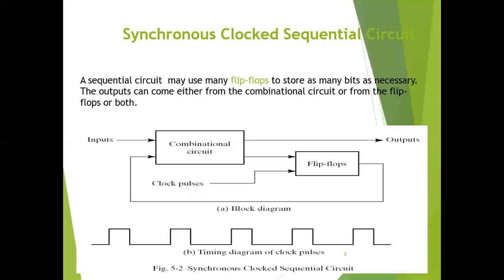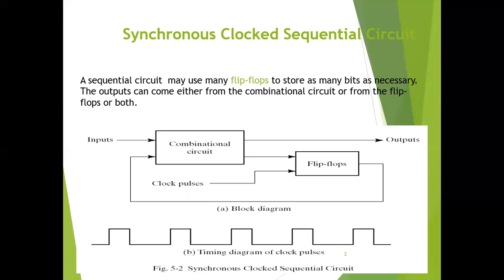The block diagram of a synchronous clocked sequential circuit is shown in this figure. The outputs are formed by a combinational logic function of the inputs to the circuit or the values stored in the flip-flops, or both. The value that is stored in a flip-flop when the clock pulse occurs is also determined by the inputs to the circuit or the values presently stored in the flip-flop.